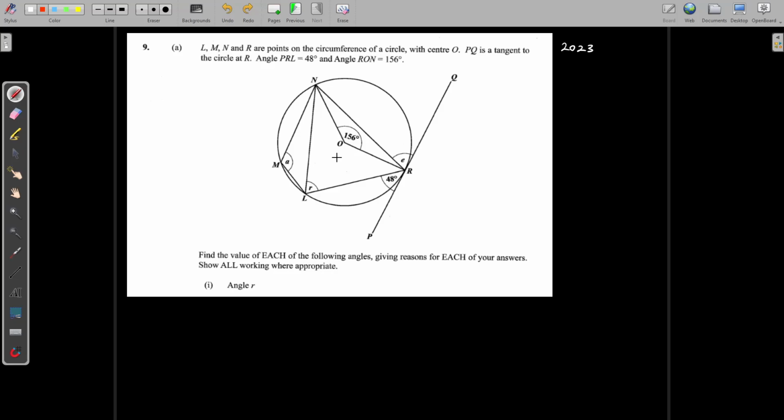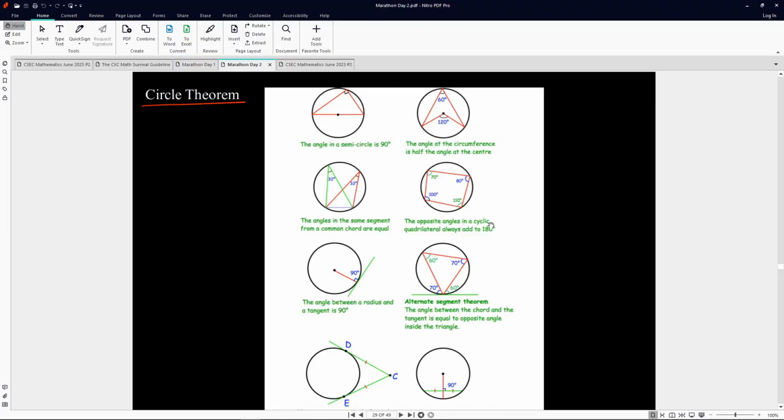So if the angle at the center is twice this angle, so 156 is twice this angle, what is this angle? 78. So R is equal to 156 divided by 2, 78 degrees. And the reason, let's go ahead and copy the reason from here.